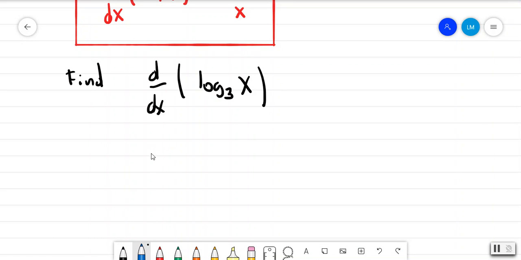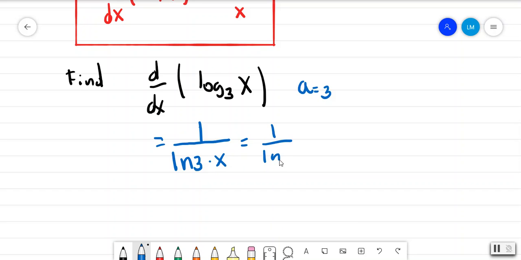If we just say that's really where a is equal to 3, I automatically know that this is going to be 1 divided by the natural log of 3 multiplied by x. So we can probably just rewrite this as 1 over ln of 3 times 1 over x. And then that would be it.